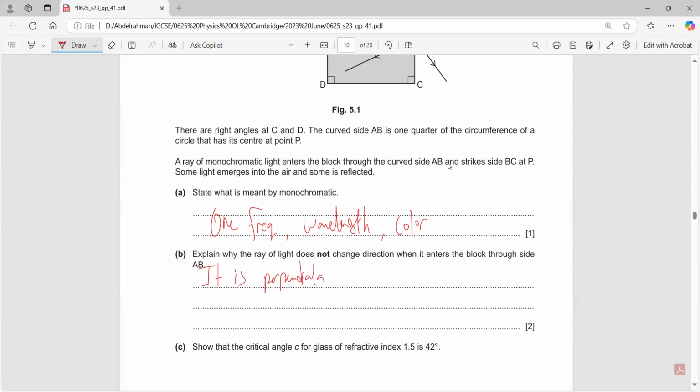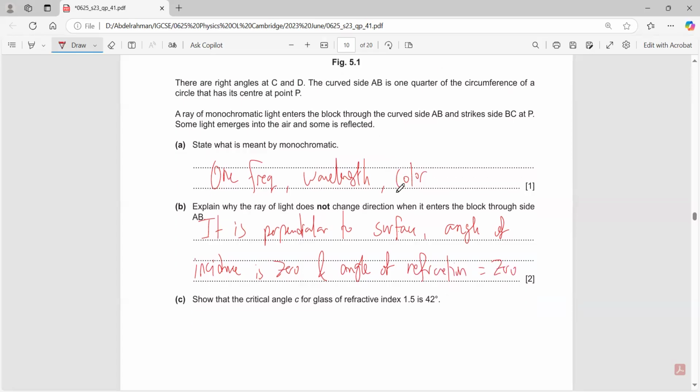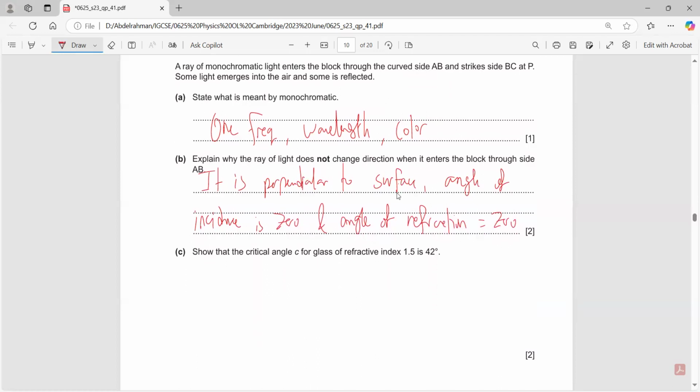You can say it's moving along the normal line.